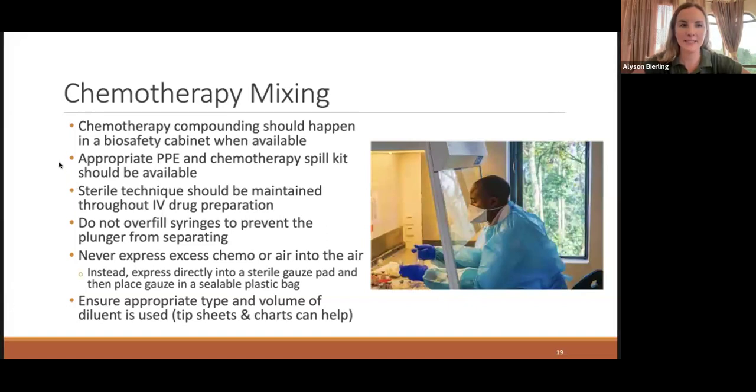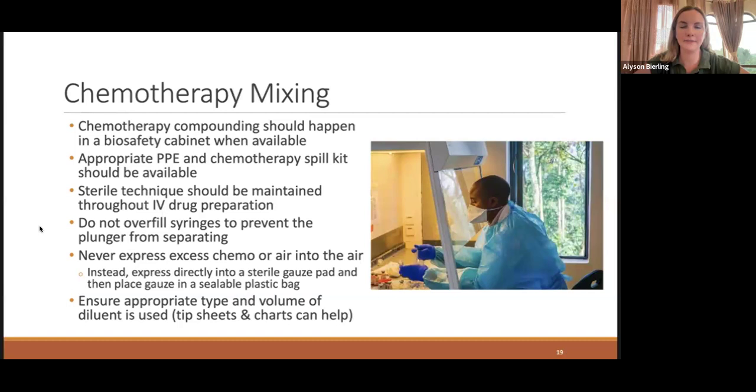The nurse or the pharmacist who's doing the mixing should be wearing appropriate PPE, which we'll talk about in the next section of this lecture. A chemotherapy spill kit should be available in case there's any spill, which again, we'll talk about in the next section of the lecture. Sterile technique should be maintained throughout preparation. We want to make sure we're not overfilling syringes to prevent the plunger from separating from the syringe.